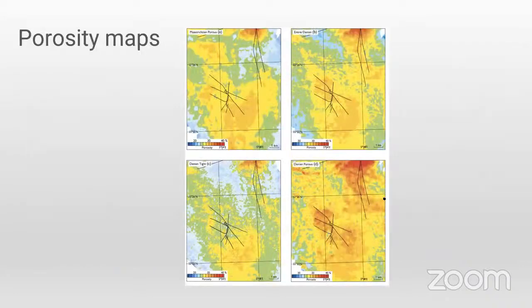But let's look at this porosity map. It's also prepared based on the average porosity of the intervals. You can have different wells with different porosity, and based on those points or intervals, you can prepare porosity maps or permeability maps.